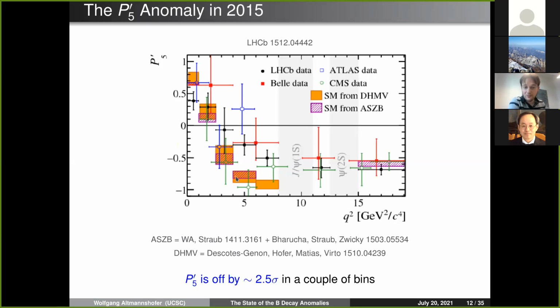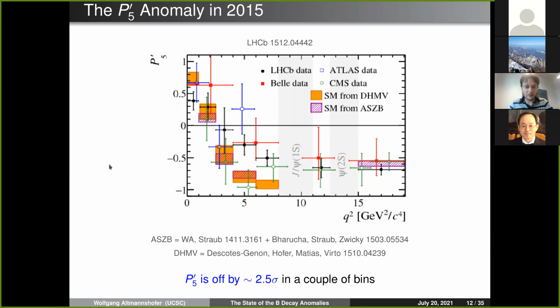One gets slightly different results, and also slightly different significances of how big this deviation is. But still, the standard model predictions that exist tend to be low compared to the data in this q-squared region.